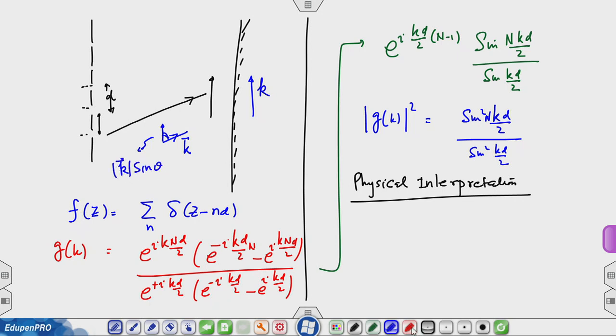So, this k that we are writing here is nothing but incoming k. Let me write for convenience k in sin theta.